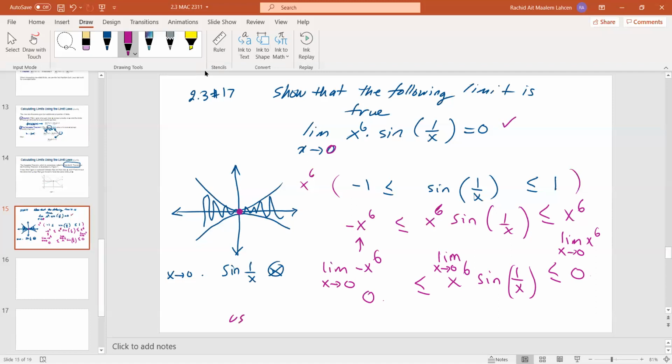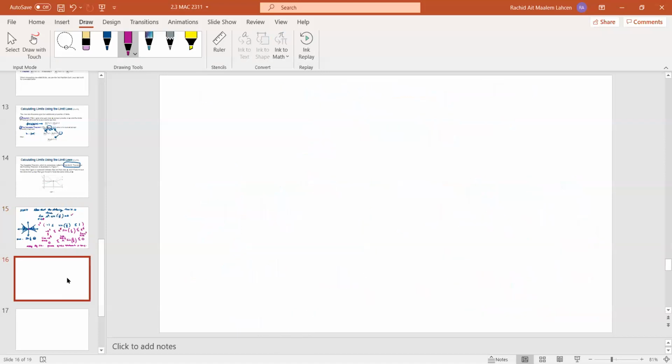Using the squeeze theorem, we can prove that the given statement is true. All right. So it's not complicated, but you will need to know this idea, this trick, of setting it up as the squeeze theorem, and then it works.